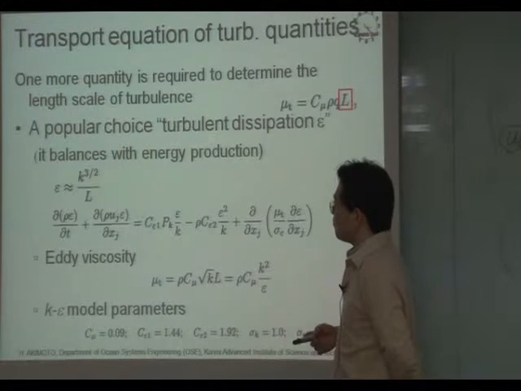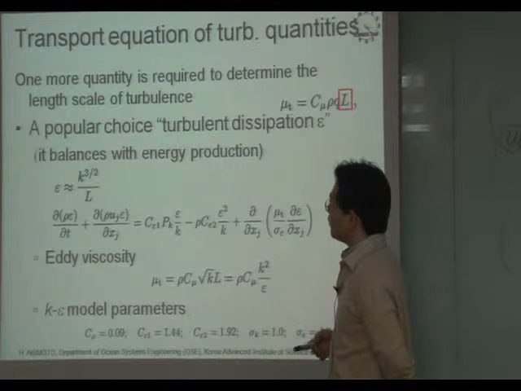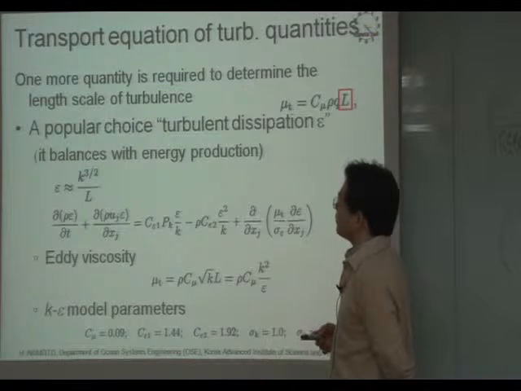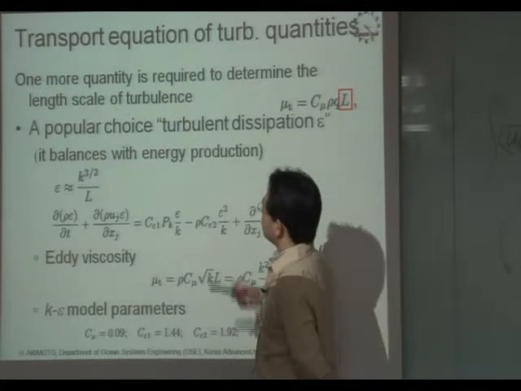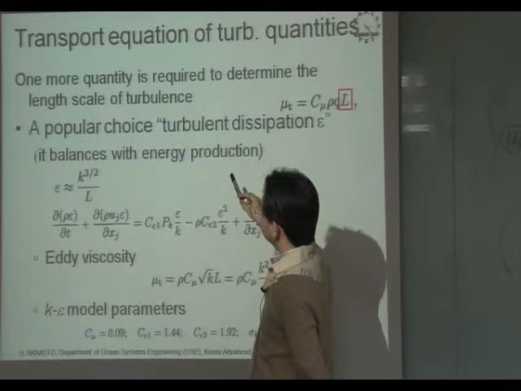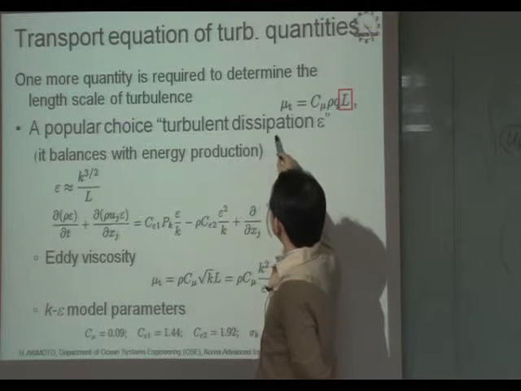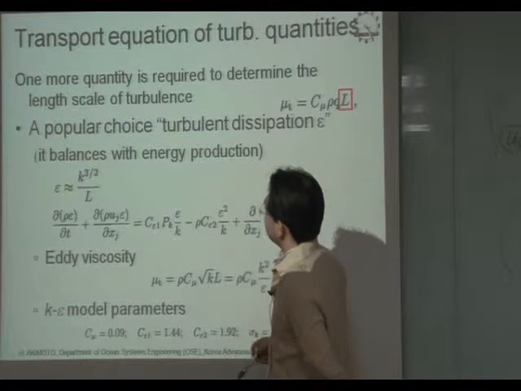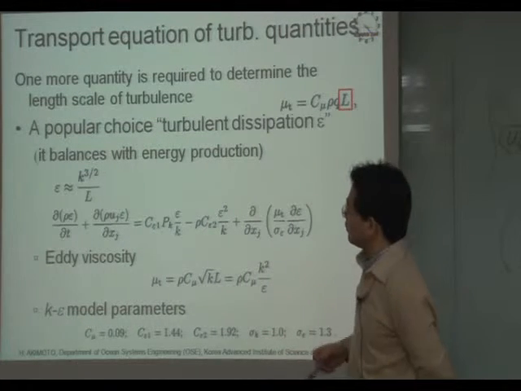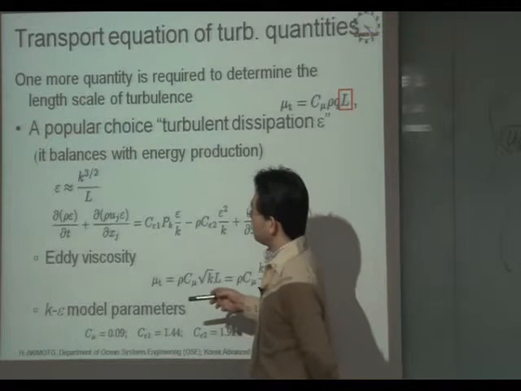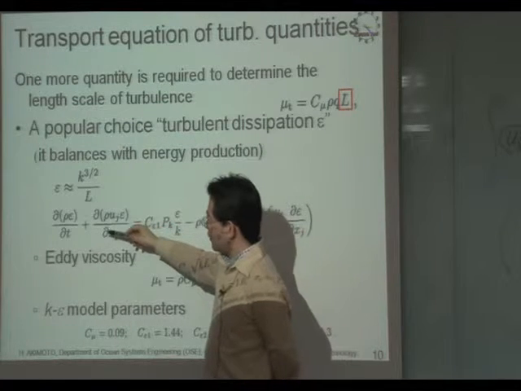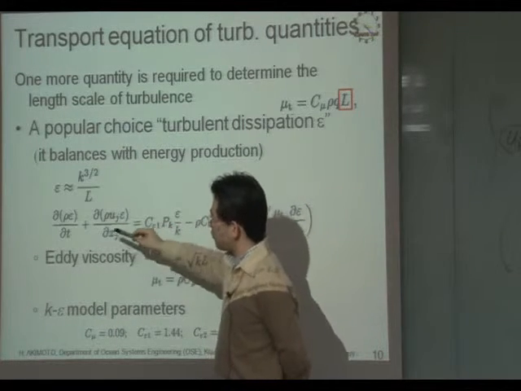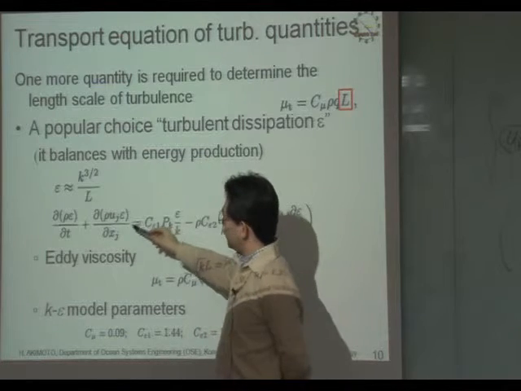Actually there are many models for this purpose, but one popular choice is turbulent dissipation, epsilon. So we will compose the second transport equation of epsilon.